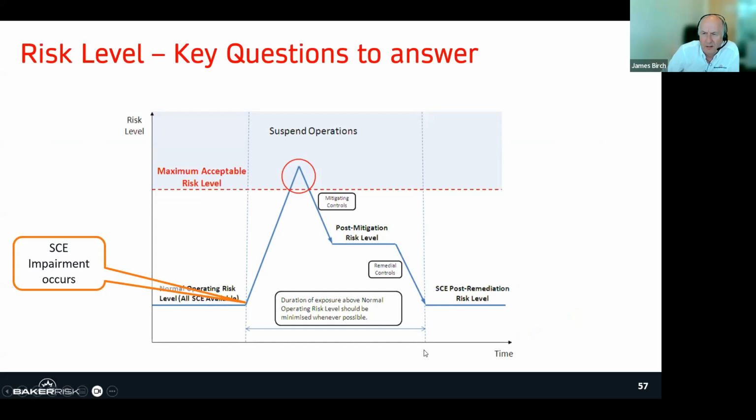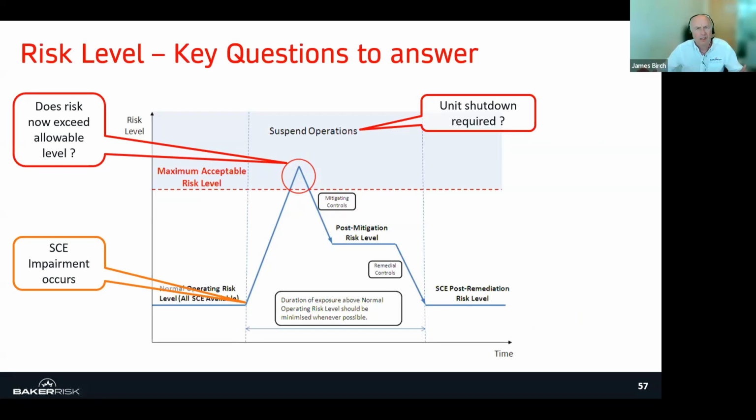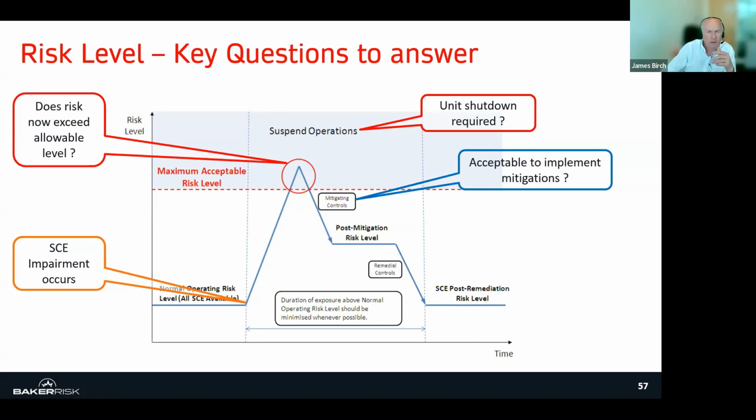At the beginning, our SCE, a safety critical element, fails, and the risk level goes up. But the question is, do we shut the plant down? Or are there things we can do, perhaps turn the rates down, perhaps make additional checks or increase monitoring so that we can bring the risk down to an acceptable level?